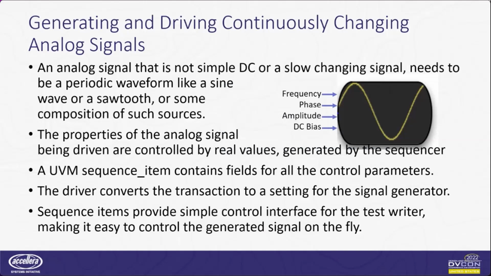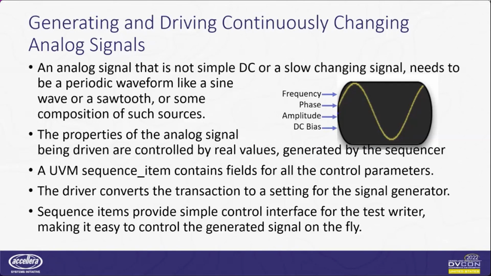Given that, we can make those four things, frequency, phase, amplitude, and DC bias, elements of a sequence item that we will use to control the signal generator in the analog realm, but generate the values from the UVM sequence. Right?